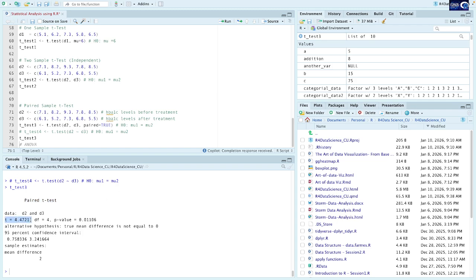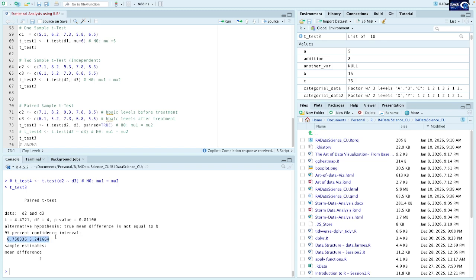The t value is 4.7472, degrees of freedom is 4, n minus 1, and the p-value is less than 0.05, so there is a significant difference between the groups, and the confidence interval is also there.